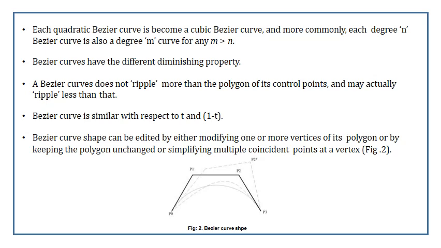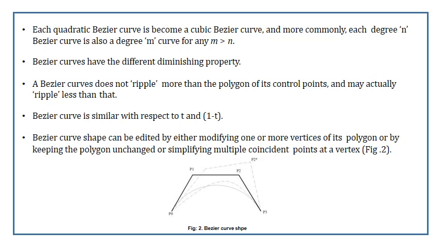And a Bezier curve is symmetric with respect to t and 1 minus t. 1 minus t is nothing but the starting point of the curve, and t is the end range of the curve, that is, the range of the curve t from 0 to 1 is expressed as 1 minus t and t in the polynomial equation. This represents that the sequence of control points defining the curve can be reversed without modifying the curve shape.